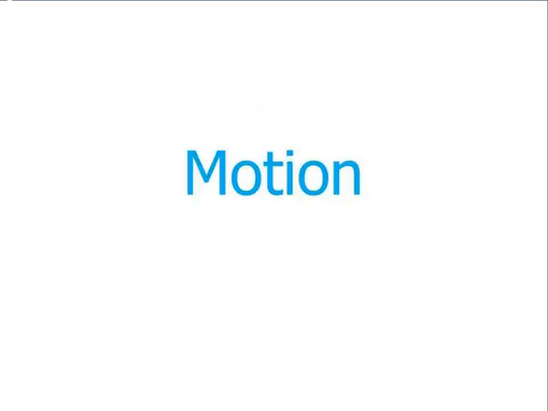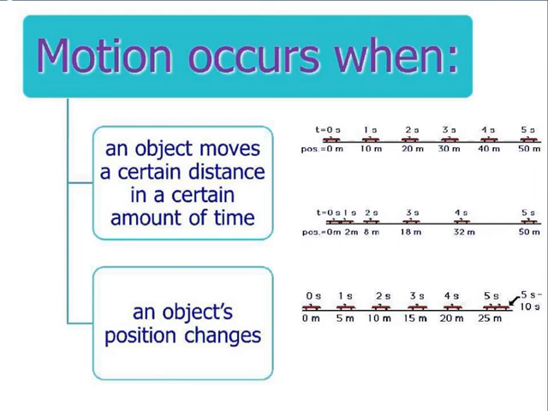Okay, so motion. Let's start off with motion. You intuitively know that motion is something that is moving. But then why would you use move in terms of motion and definition? So here is what we are going to define motion as.